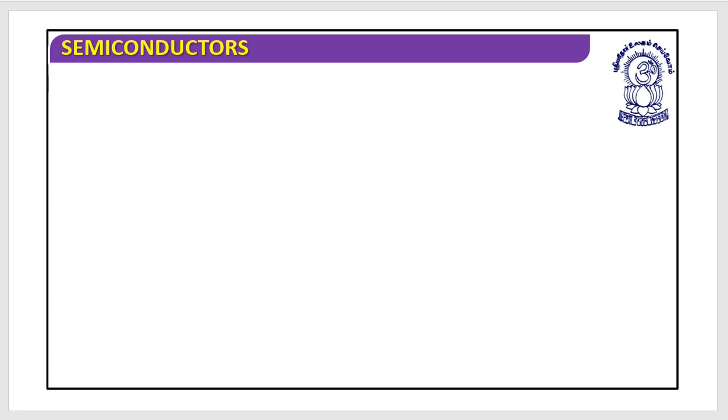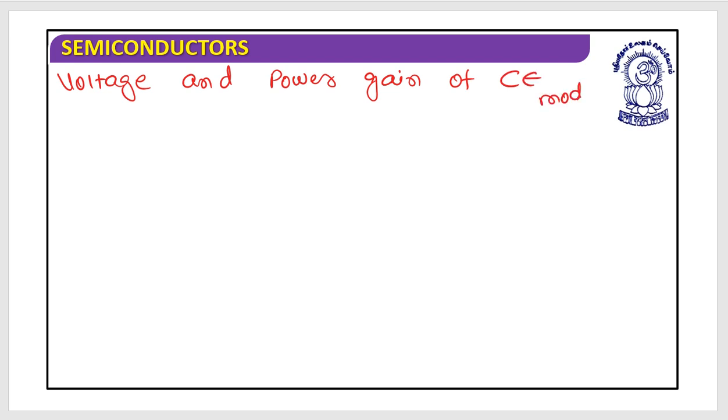Now let's first discuss the voltage and power gain of CE mode. Let's first work out the voltage gain. It is AV, which equals V output divided by V input.